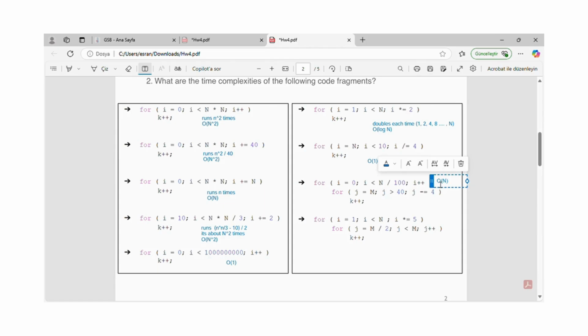And the inner loop runs O(m) times. And the total time complexity is O(n) times O(m), and it is O(nm).